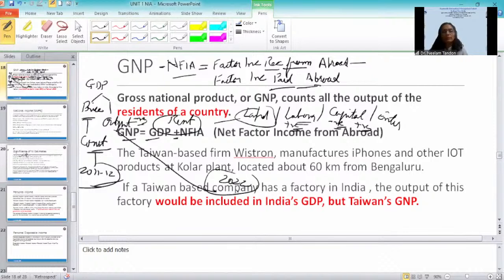Output you are taking 2022, price you are taking 2011-12. Take a product of this. This gives you real GDP. If we had taken prices of 2022 and output also of 2022, then the product you get is nominal GDP.